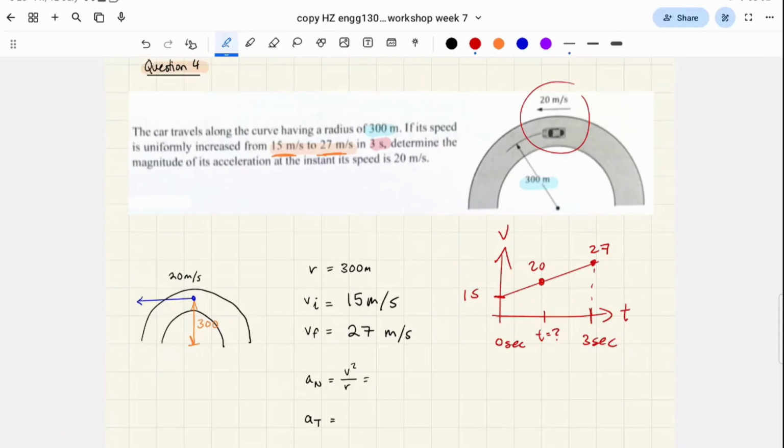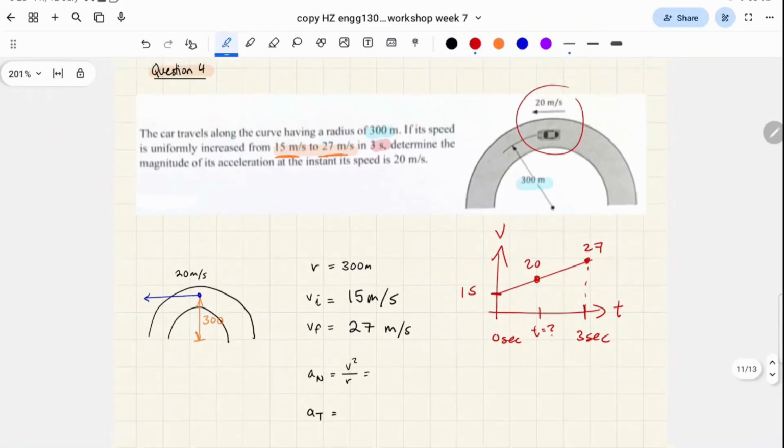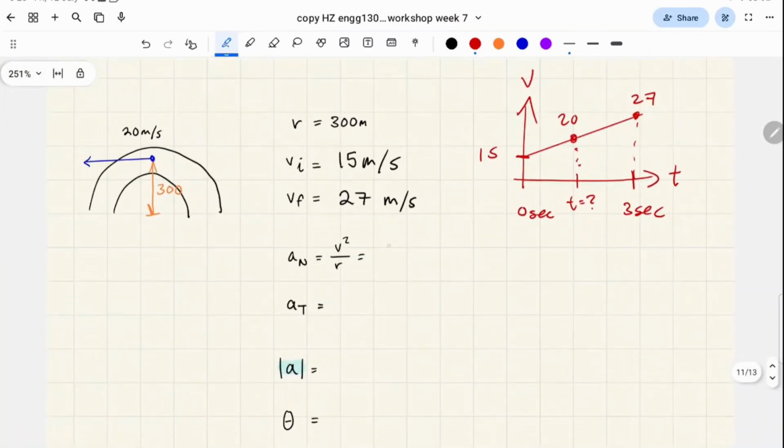The value we plug in for V is going to be 20, because that's the snapshot in time we care about. It's at this unknown time at the moment. So we plug in 20 squared over this radius, and this will be our normal acceleration, which is also called our centripetal acceleration. That's 1.33 meters per second squared.